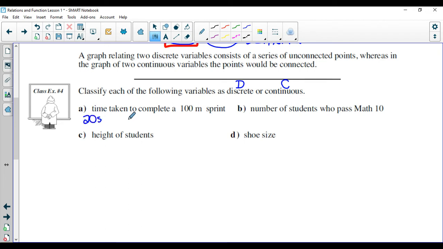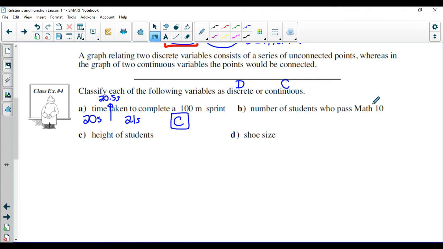Could you have 21 seconds as your time? Could you have an intermediate value that might be 20.5 seconds? Yeah, sure, of course you can. You can definitely have your time to the nearest tenth or nearest hundredth. So because you can have intermediate values here, this variable is continuous.